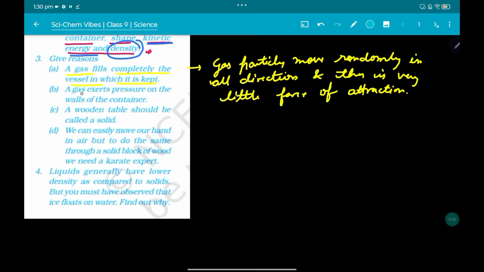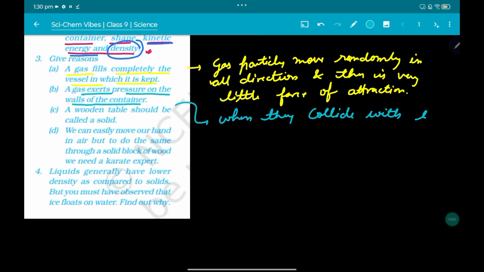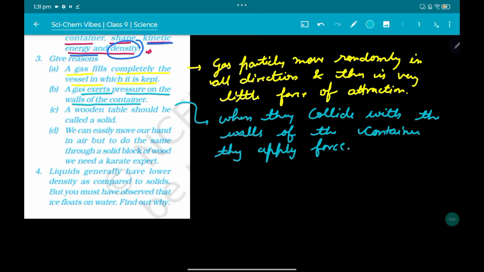Next one is that a gas exerts pressure on the wall of the container. Gas particles are always moving. When they collide with the walls of the container, they apply force.